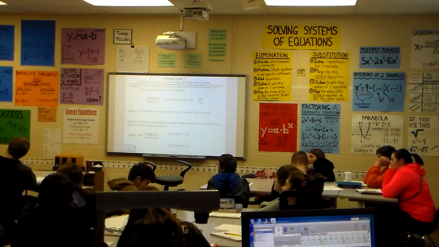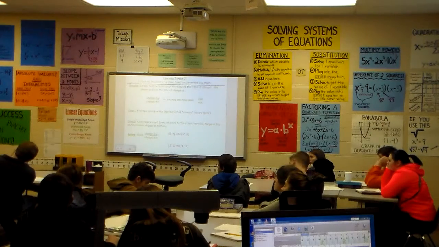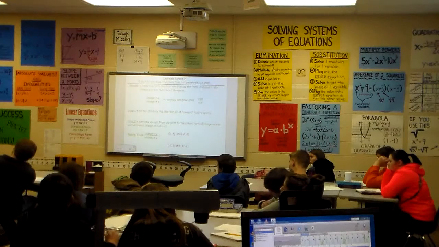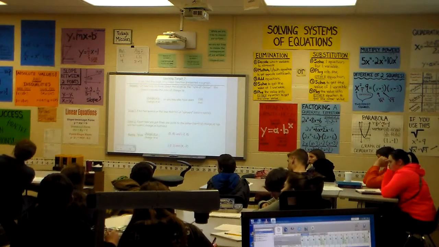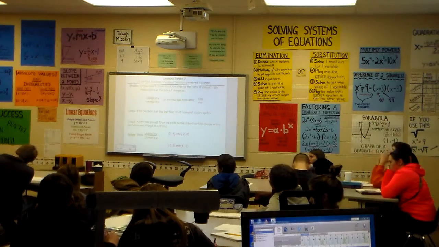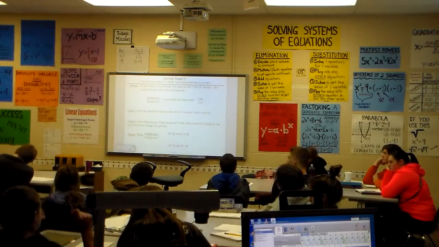If we just do this one and this one, let's say, now we're going down 1 and over 4. So what's our slope now? Negative 1 over 4. Right. Or you could think of it as a positive 1 over a negative 4, because you're going left 4 if you go from here to here. It's the same thing. Okay?